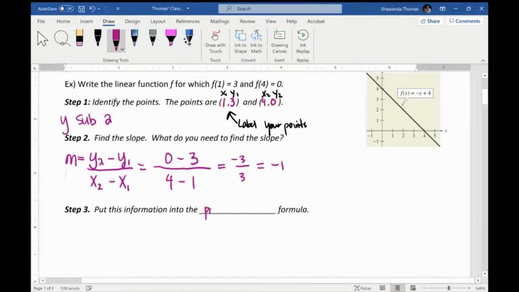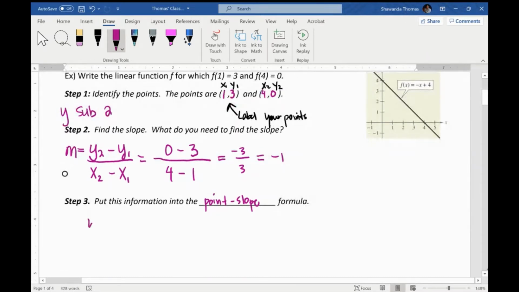Point slope formula. All right, we're going to put it in the point slope formula. Can someone tell me what the point slope formula is? It's y minus y sub 1 is equal to m parentheses x minus x sub 1 parentheses. Very nice.